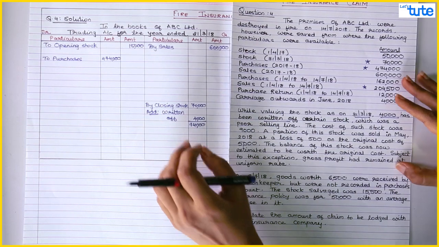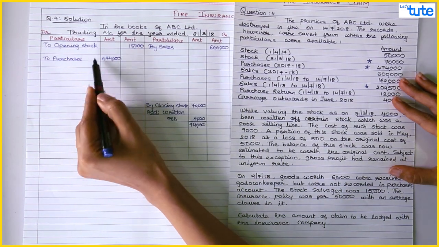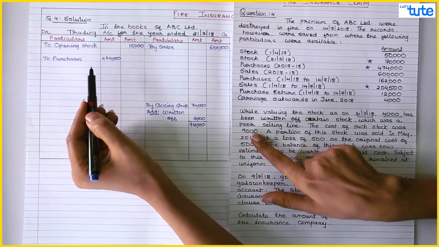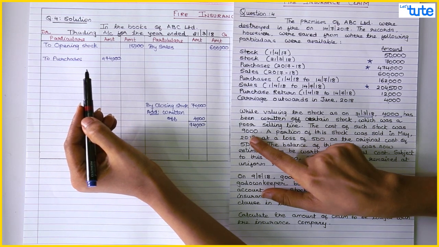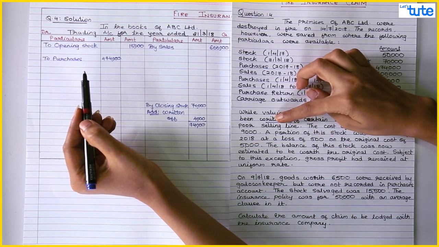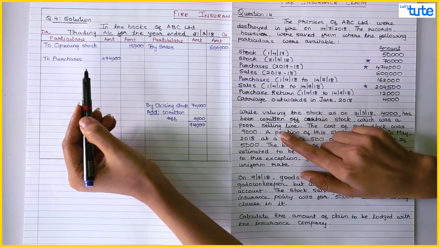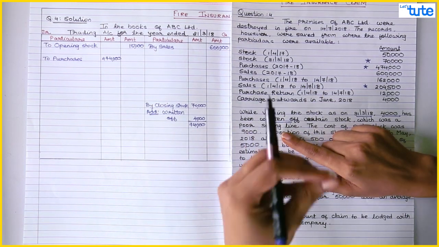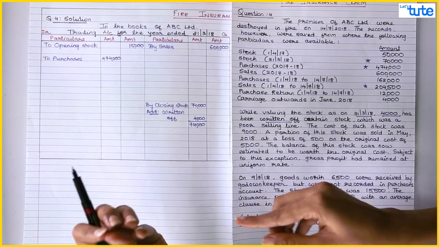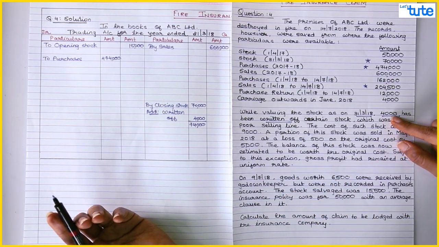Now what has happened? In this total purchases of 4,74,000, we had purchased this 9,000 worth of stock, which is now a poor selling line stock, and on that we might be assuming that we are going to incur loss, and for that reason we have written off this 4,000.